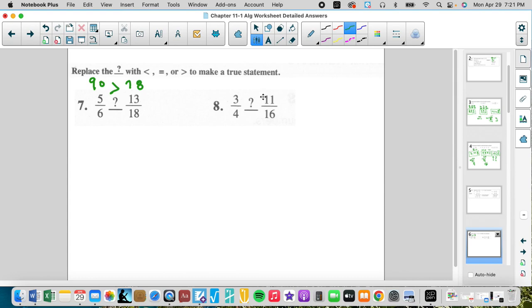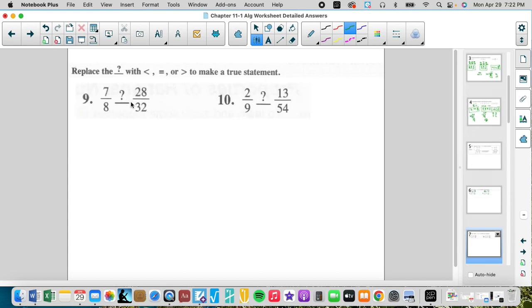That's a nice easy way. That's 44. That is 18 and 48. So we again get greater than. All right, 44. 6 times 3 is 18. Yep. That's 32 times 7 is 14. 21. 22.